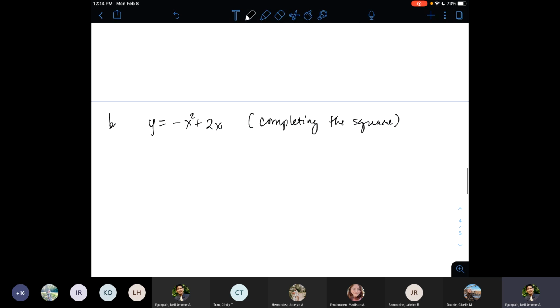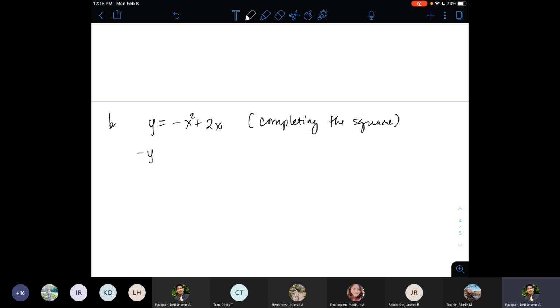Basically, what you want to do here is to make sure that x squared will have coefficient 1, so that this entire formula, or this process that I will describe, will work. Now that's our first problem here, that x squared has a coefficient of -1. So to force it to have a coefficient of 1, I'll divide both sides by -1.